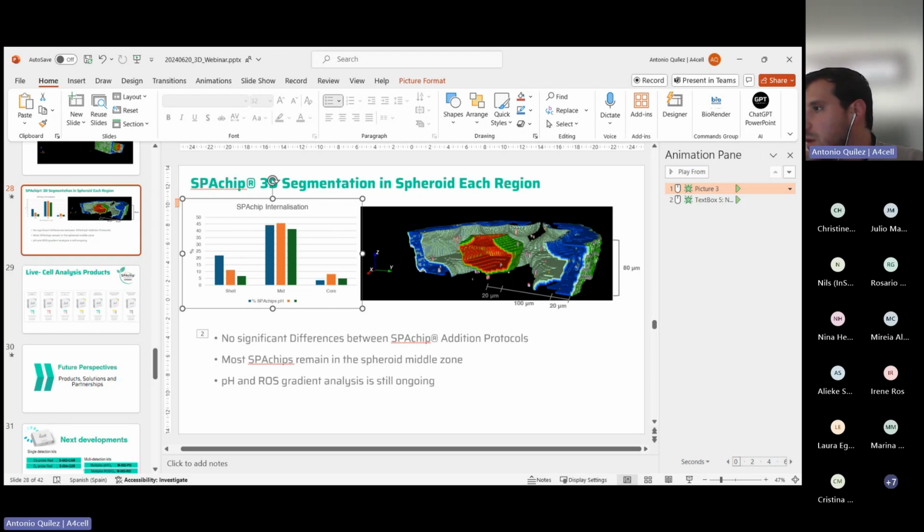Rashmi asks: for an immuno-oncology application, for example, if you have a tumor spheroid formation with a SpheroCHECK and then add immune cells like T cells, how would you envision this interaction? First thing that comes to my mind is that you can have your tumor spheroid loaded with the SpheroCHECKs, and then add your T cells to the culture. So you are going to be monitoring the changes that are happening in the tumor spheroid.